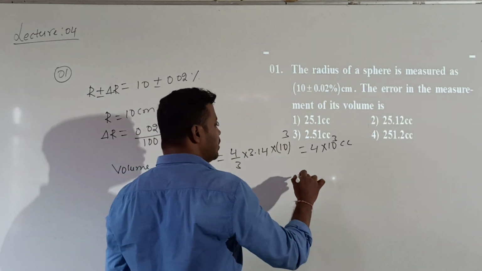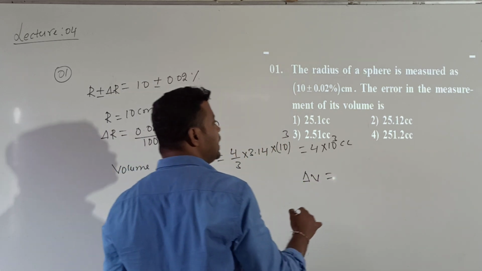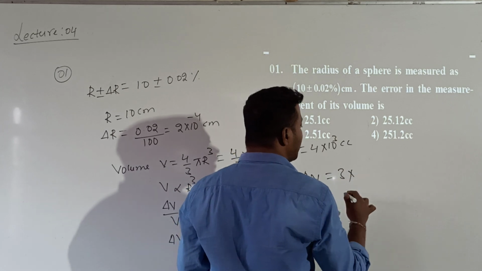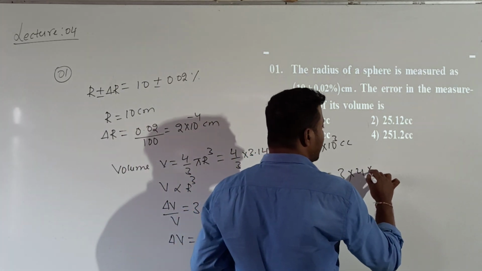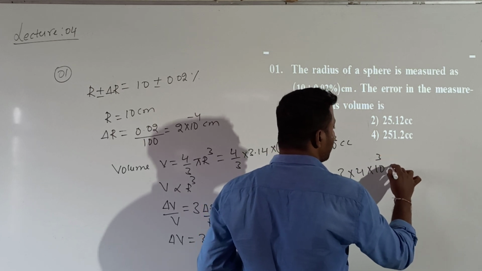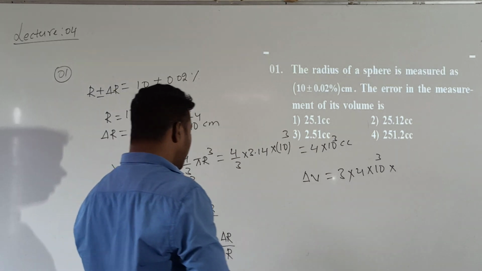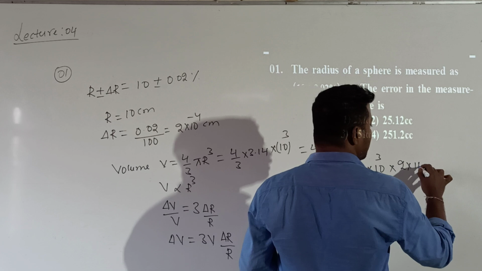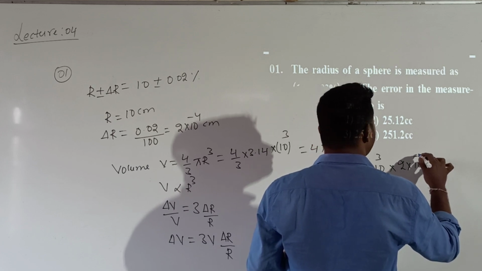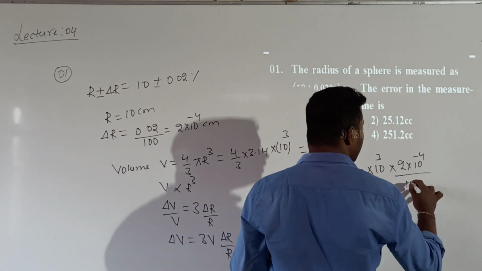Correct? So delta V is equal to 3 into, what is the V value? The V value is 4 into 10 to the power of 3, into, so delta R value how much? 2 into 10 to the power of minus 4 divided by the R value, also 10.